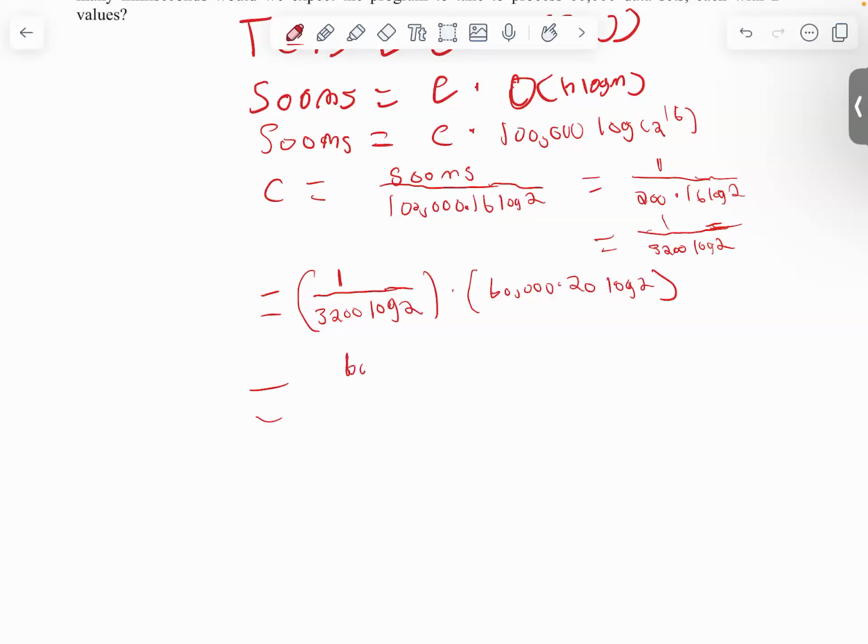So it's basically 60,000 times 20 times log 2 over 3,200 times log 2, in milliseconds.